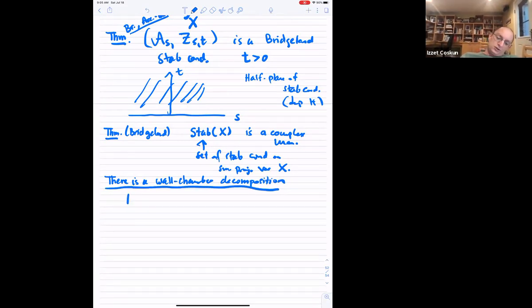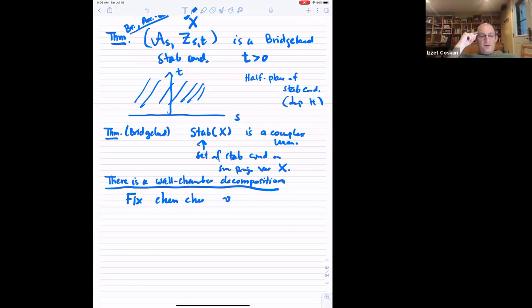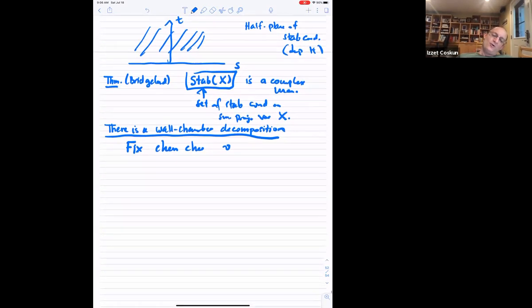Fix a Chern character V. And then what you could do is I'll just work on this half plane of stability conditions because for P2 this is going to be enough. But you could talk about this wall and chamber decomposition in this complex manifold. But I'll just restrict myself to these examples that I've shown you right now.